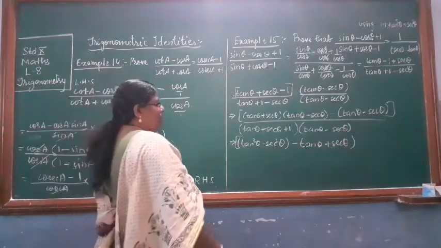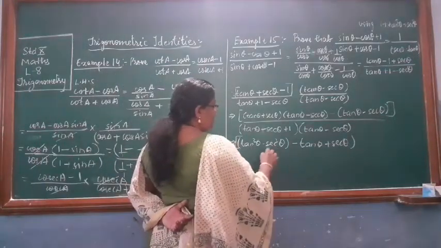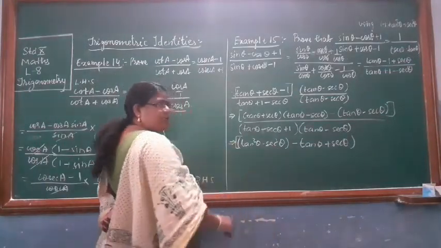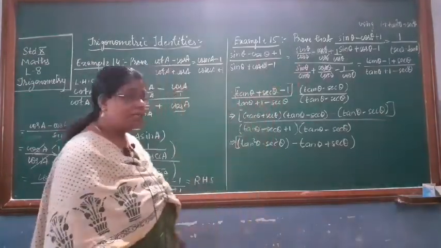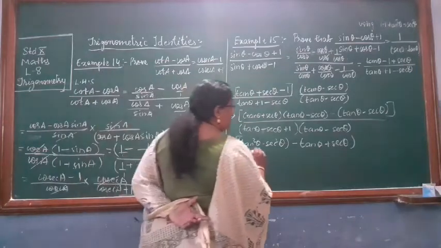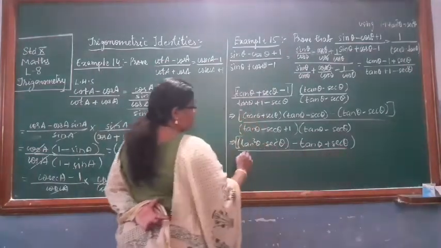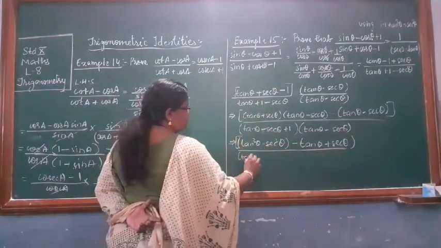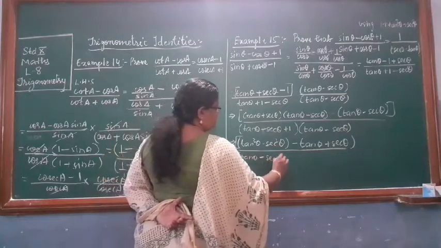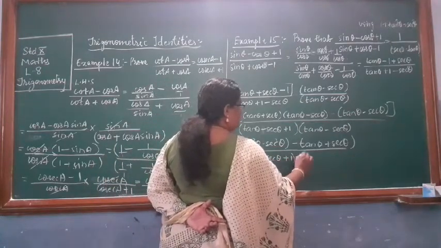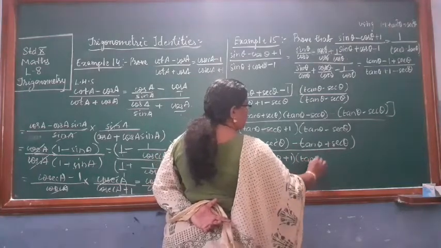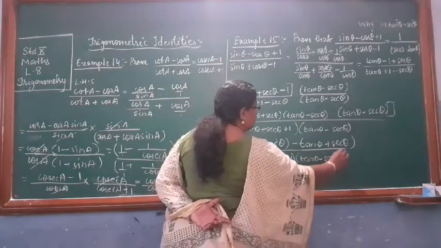What is tan square theta minus sec square theta? From that identity, I have it as minus 1. Keep the denominator the same: tan theta minus sec theta plus 1 into tan theta minus sec theta.